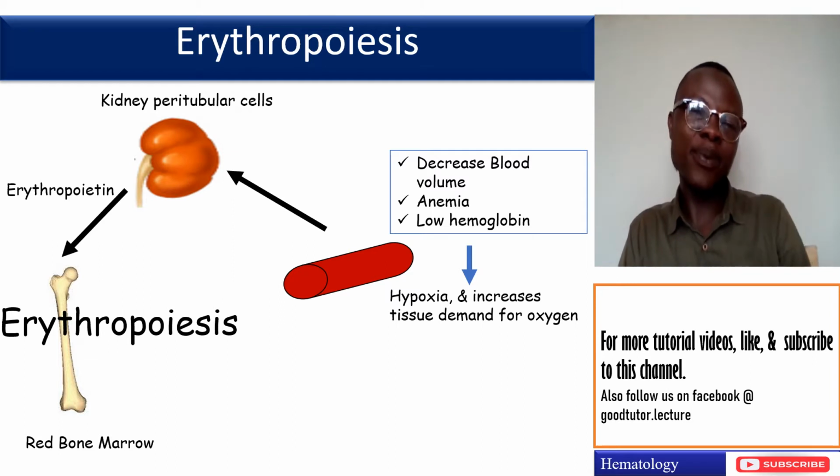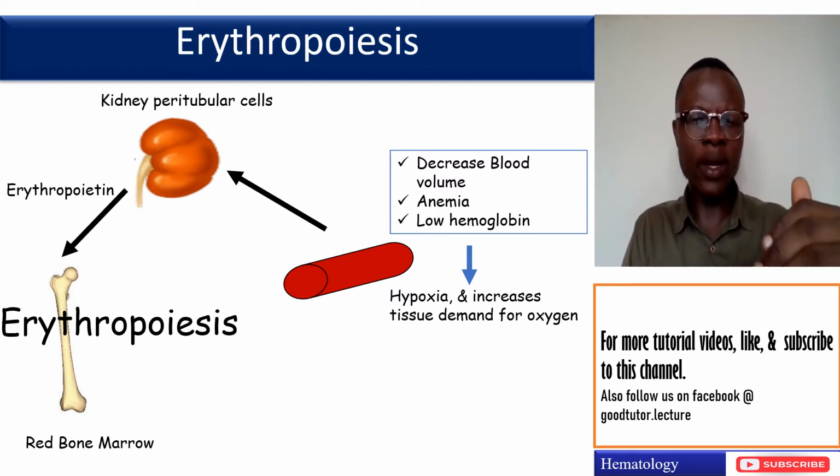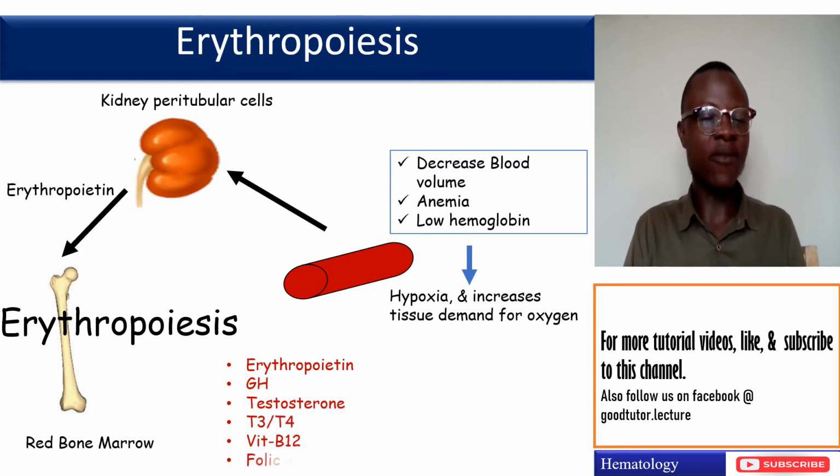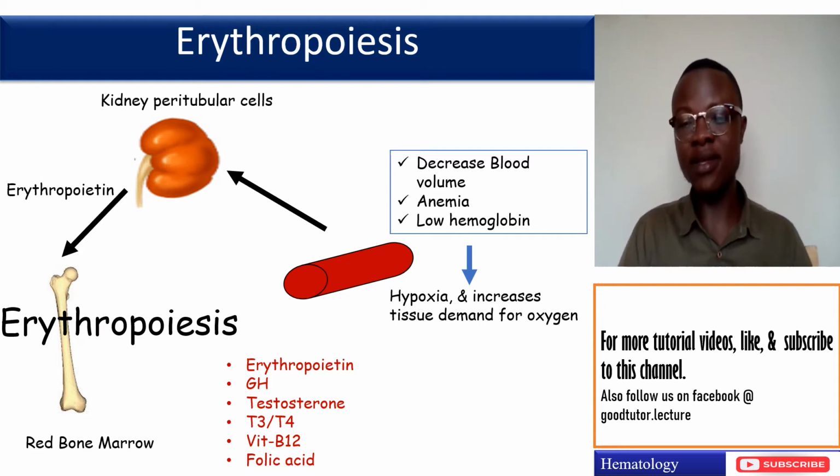So the entire process leading from here going on to the mechanism in the bone marrow is regulated by different factors. These are the factors that usually regulate this entire process. You have erythropoietin, as we've already seen its function.